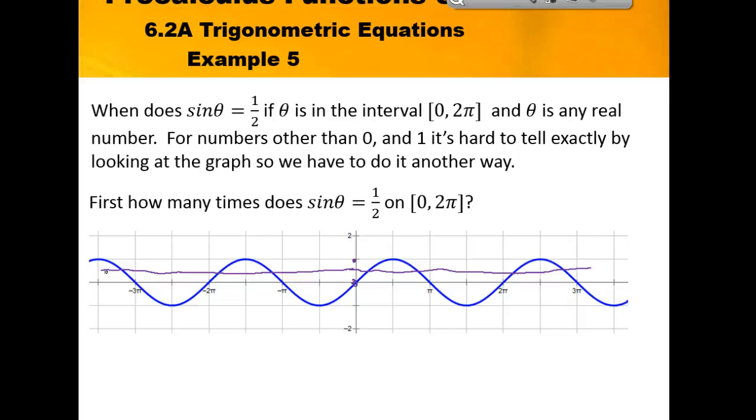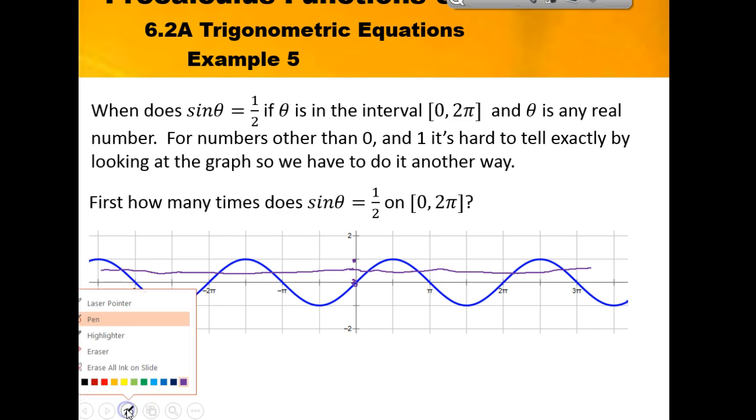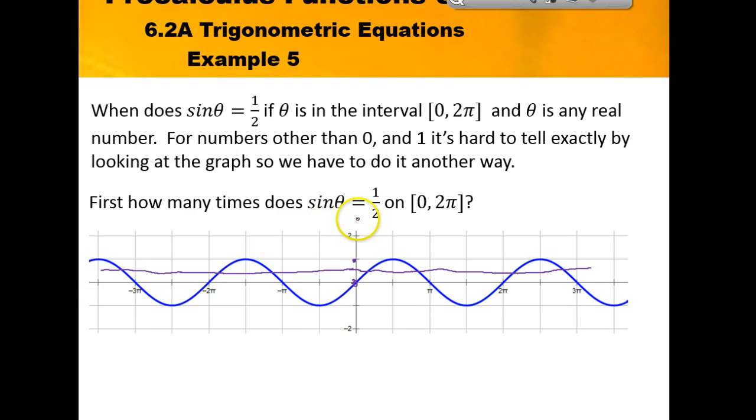Okay, so first of all, on just 0 to 2 pi, and I'm going to grab a different color for this one. I'm going to go with the red. From 0 to 2 pi, it looks like it's happening a lot. It's happening here, and it's happening here, right?